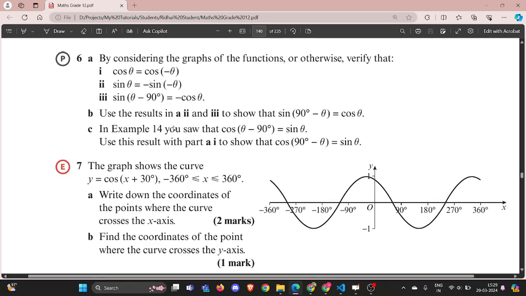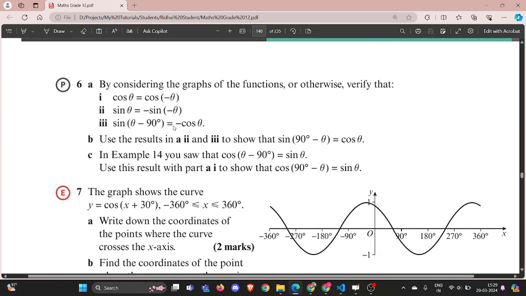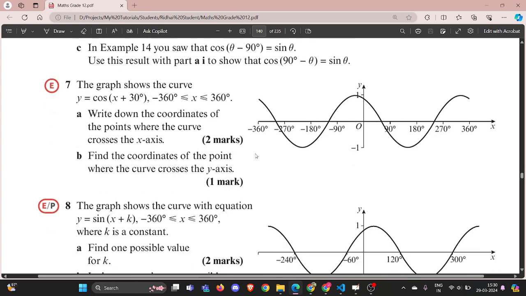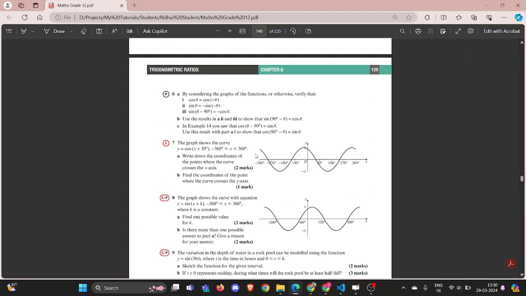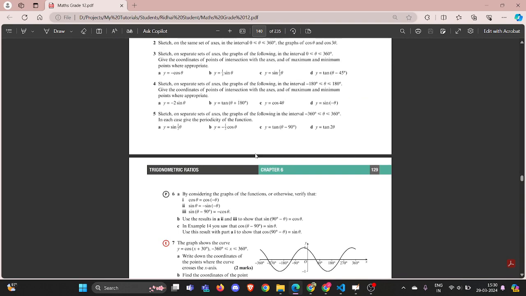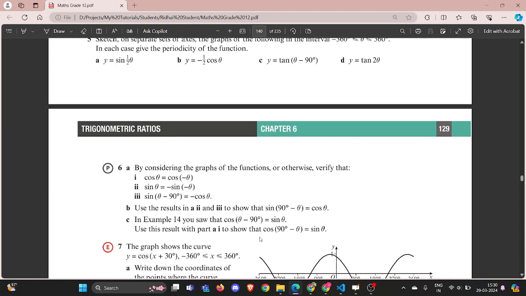Let's see. Using the results, you have to show that sine 90 minus theta is cos theta.